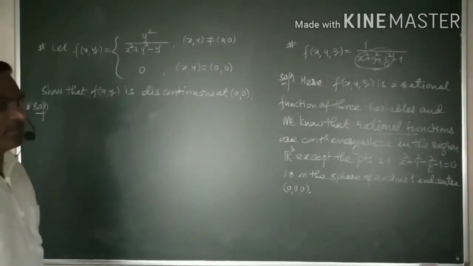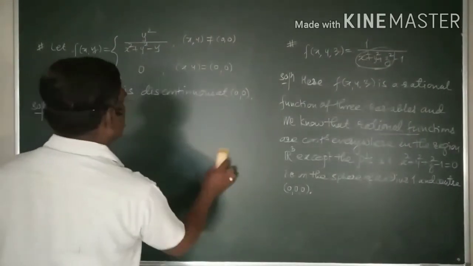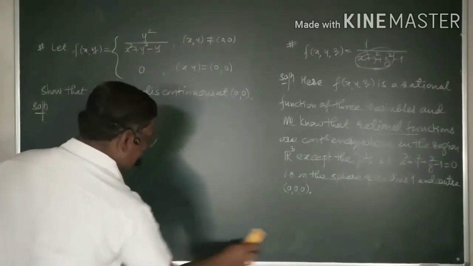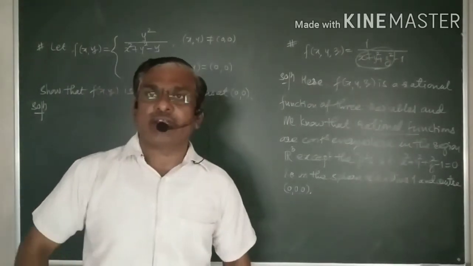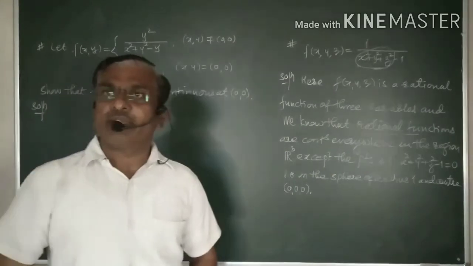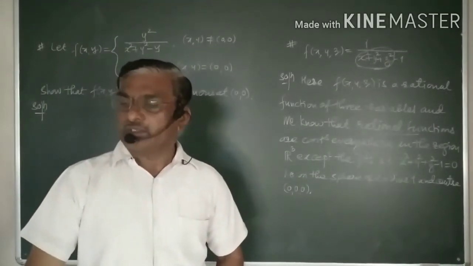This is the example given to us, and we need to show that the given function is discontinuous. We know that if you want to show that a function is discontinuous, you need to find at least two paths along which the limit of that function does not exist or is different.